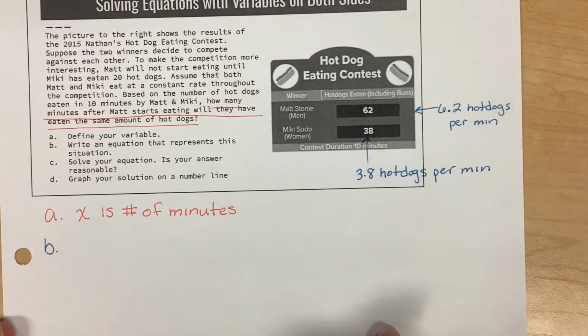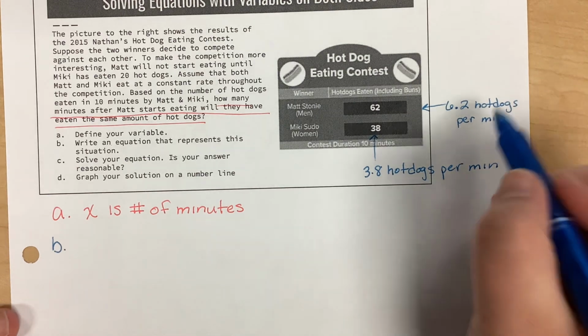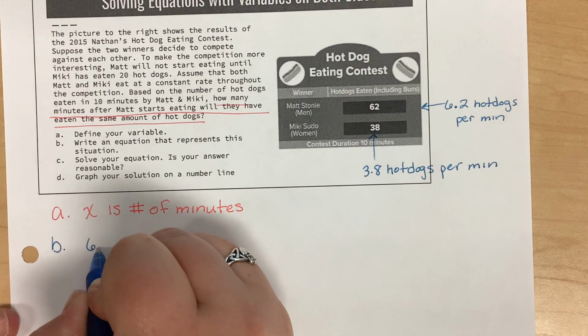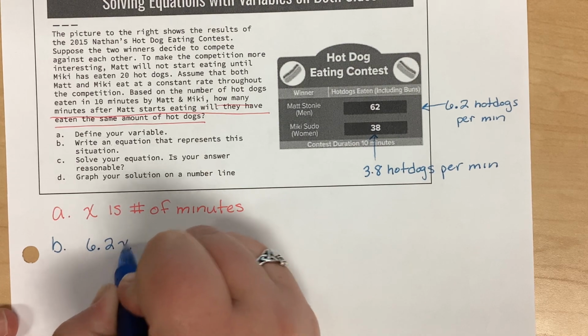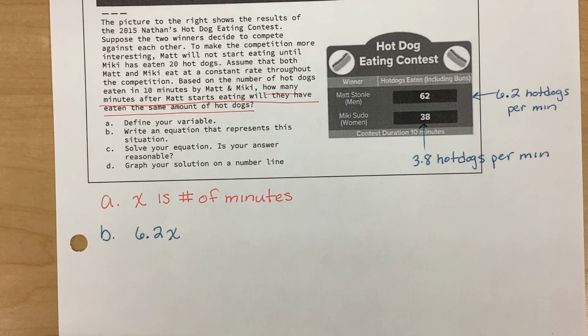So when I come back to my equation, if I'm going to talk about Matt first, right? He eats 6.2 hot dogs per minute. So 6.2 times the number of minutes will represent how many hot dogs Matt has eaten. I want to know when he has eaten the same amount as Mickey, okay?